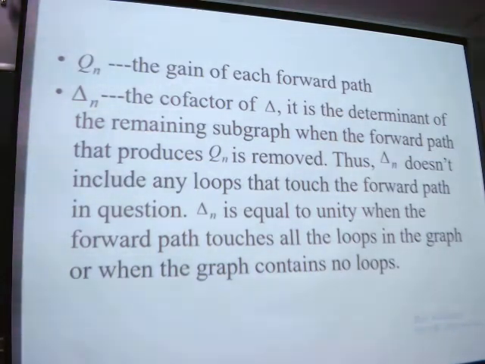Understand what this means? Any question? This Q-in, understand? There are two forward passes, so there are two, Q1 and Q2. And this big N, what's the meaning of big N?